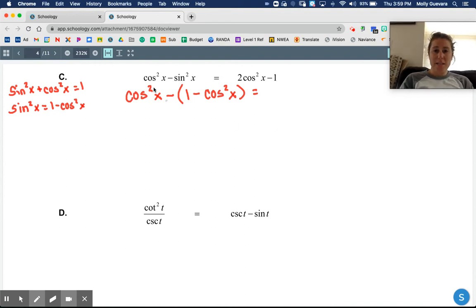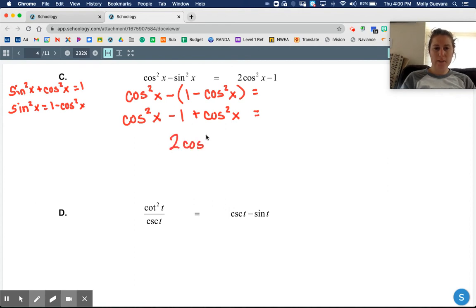I wanted to get rid of sine squared, and because it's squared, that leads me to think of the Pythagorean identity. So I'm going to distribute. So I have cosine squared x minus 1 plus cosine squared x. And then if I combine my like terms, I have 2 cosine squared x minus 1, which is what I was trying to show.